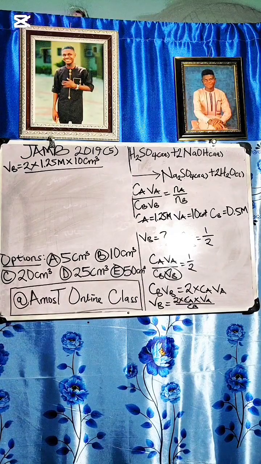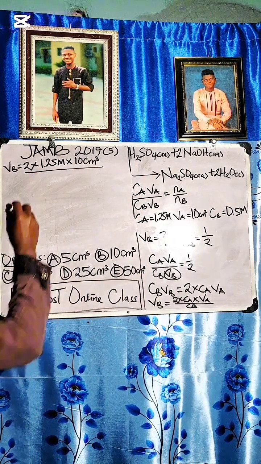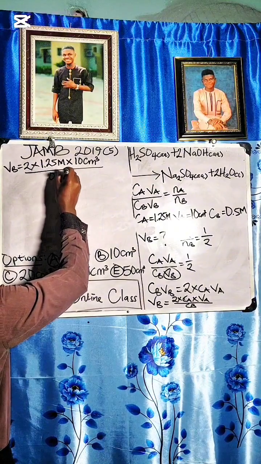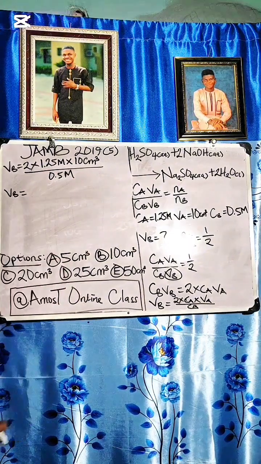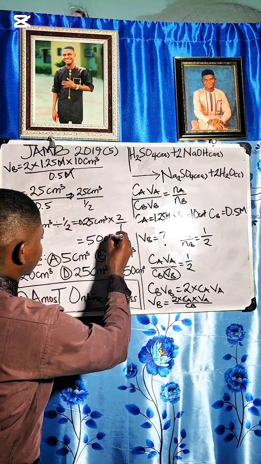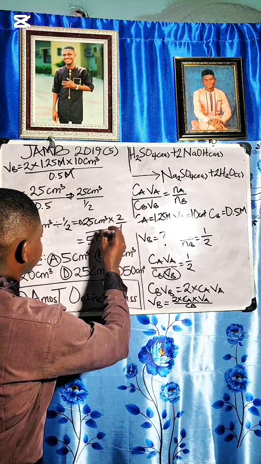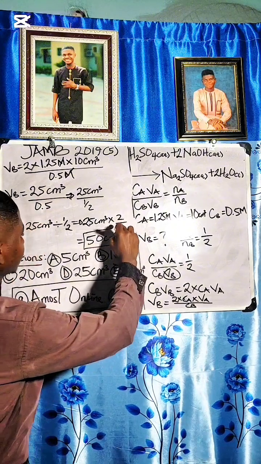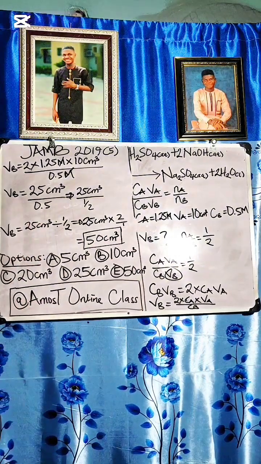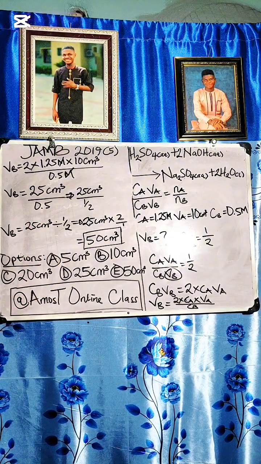And our CB, that is the concentration of base, is equal to 0.5 molar. We have 50 cubic cm, and that is our final answer.